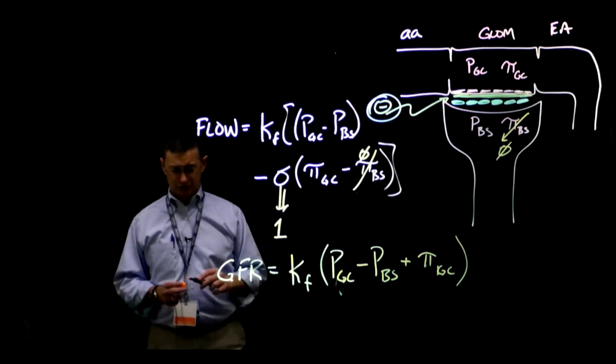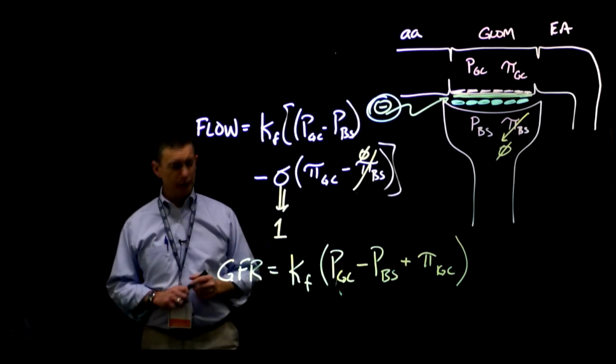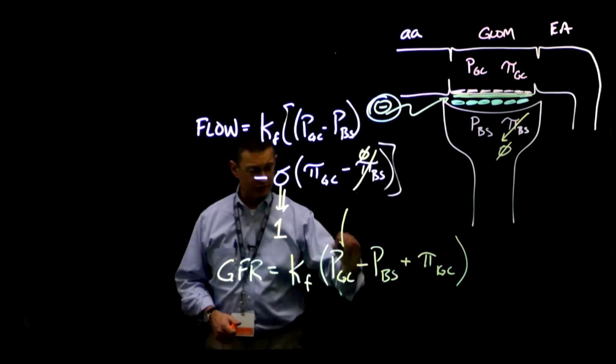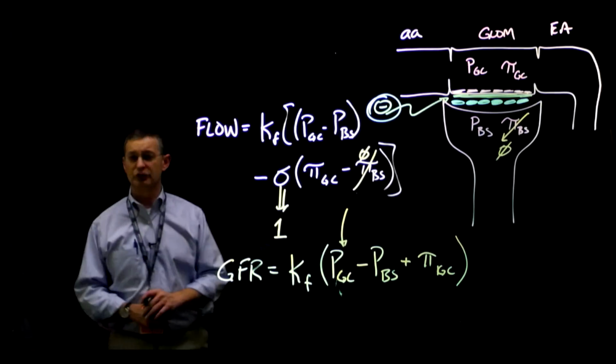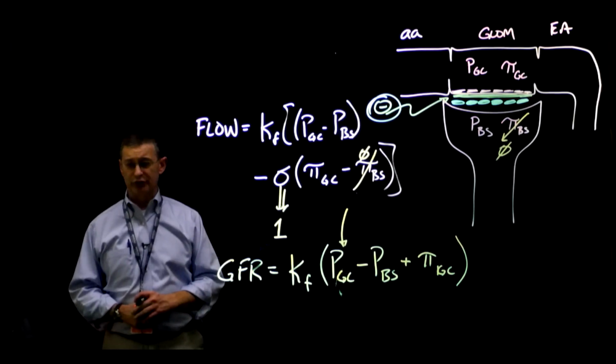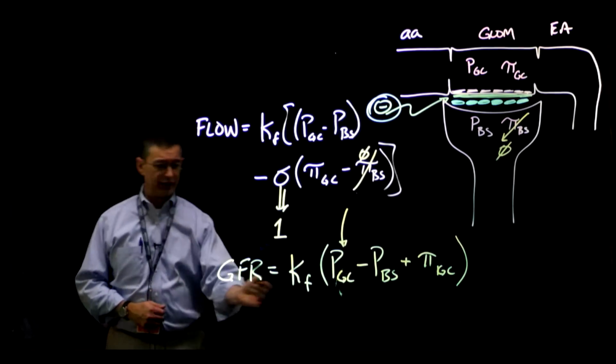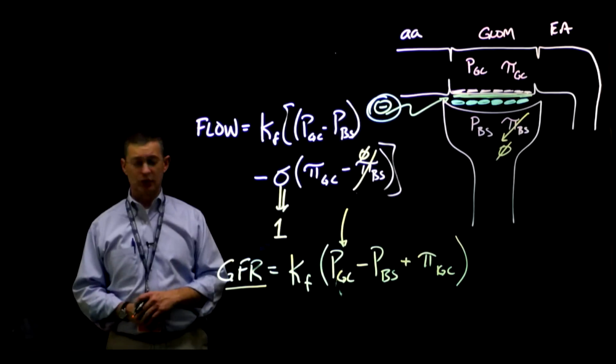And that is the major determinant of GFR. So anything that will impact predominantly on the glomerular capillary hydrostatic pressure will have a major impact on how much fluid is moved across that glomerular filtration barrier, impacting on GFR.